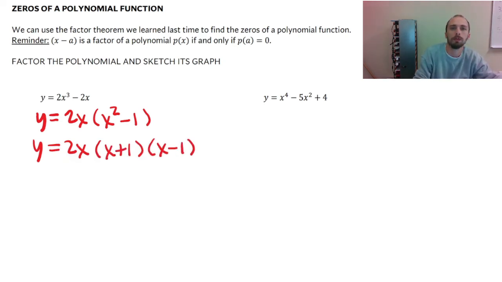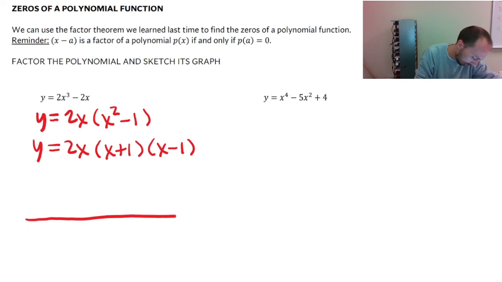What we learned in the last unit was that the factors correspond to zeros. We actually saw it in the previous unit too, when we were studying quadratics. So I know that this polynomial is going to have zeros at x equals 0, x equals negative 1, and x equals positive 1. I'm going to draw a little x-axis here and label those zeros: negative 1, 0, and 1.